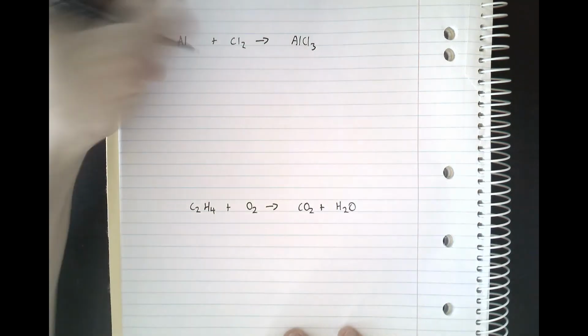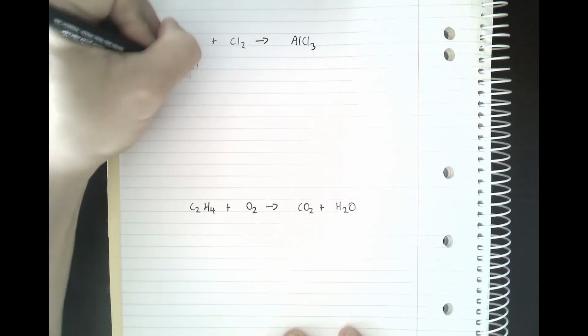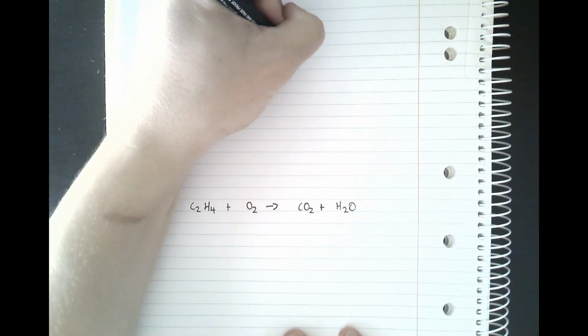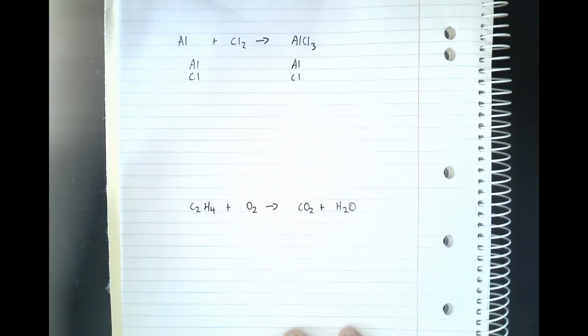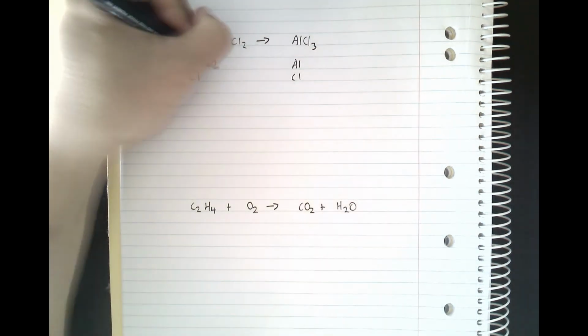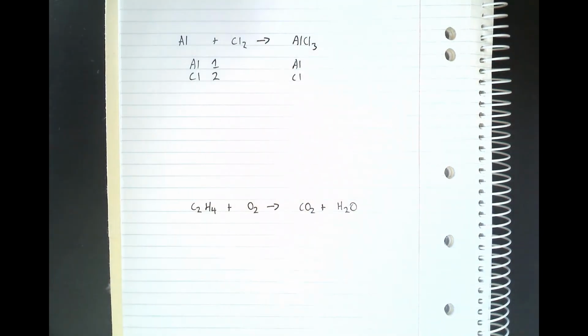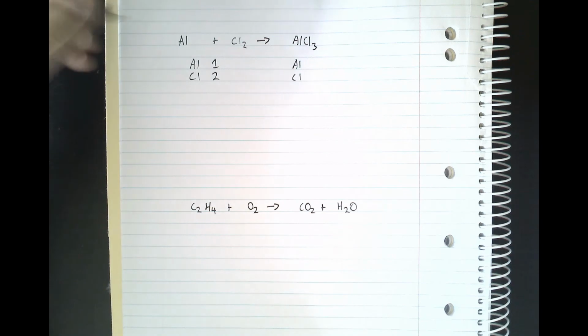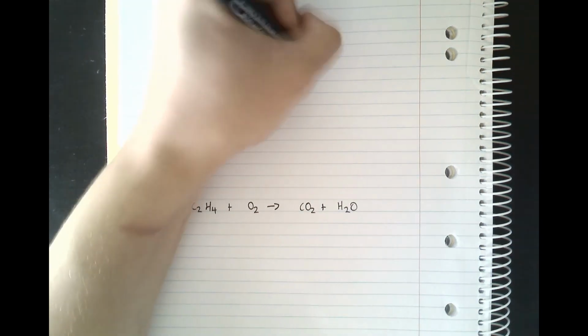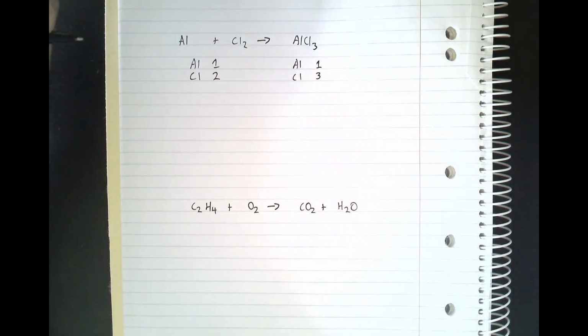The way to do that is to write down each of the elements on both sides, make a sort of column or chart for both sides of the equation, and actually count up how many atoms are on both sides. So on the first side, there's 1 aluminium and 2 chlorine atoms, and on the other side, there's 1 aluminium atom and 3 chlorine atoms.